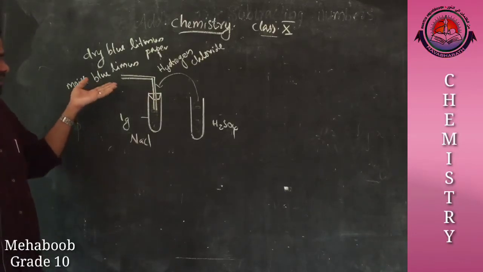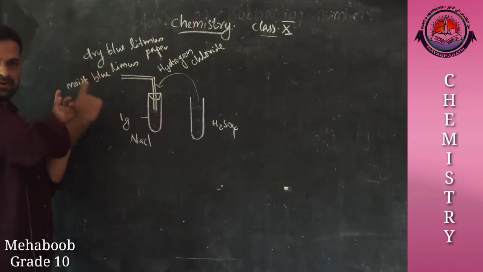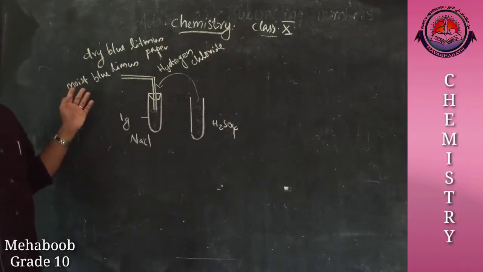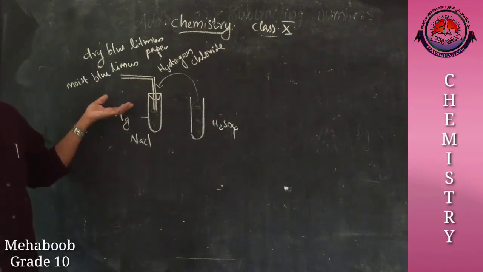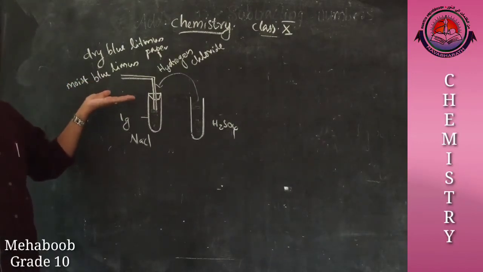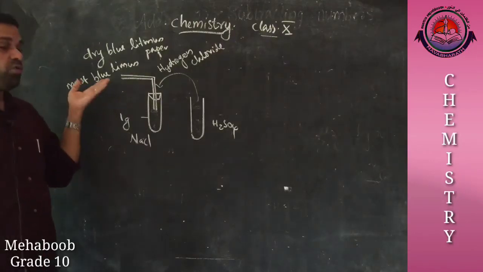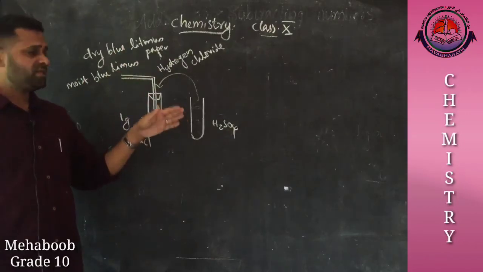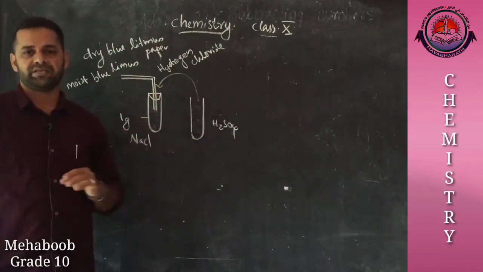Here we have taken blue litmus paper, but one is dry and the other one is wet. In the case of wet or moist blue litmus paper, water is there. Because of the presence of water molecules, hydrogen chloride gas ionizes into H+ and Cl- ions.